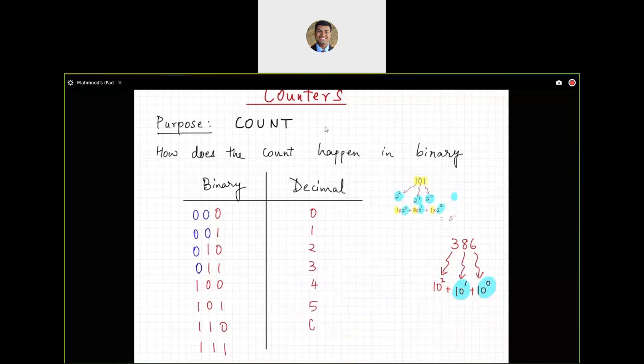We did that just now, 6 and 7. So this is showing you a conversion between a binary number system to a decimal number system. And what we have written is the output of a 3-bit counter.